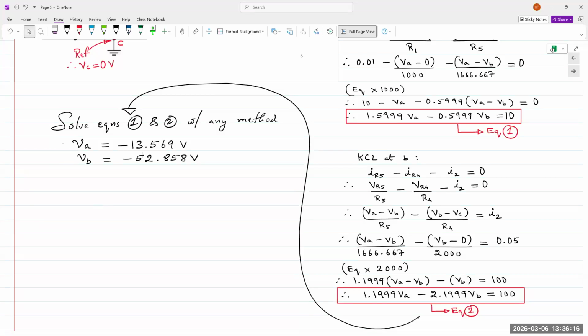So let's talk about what these numbers mean. Remember that one-dimensional diagram where voltage is a height? So all this means is that if C is my reference, meaning it's at 0 level, point A is 13.57 volts below C level. So node C is here. This is 0 volts. Go underwater.